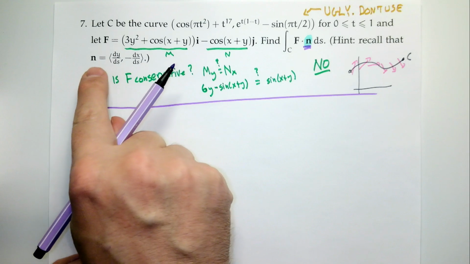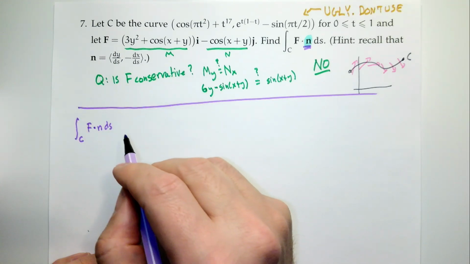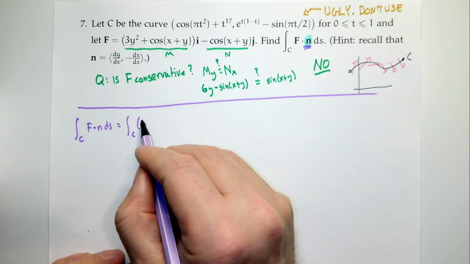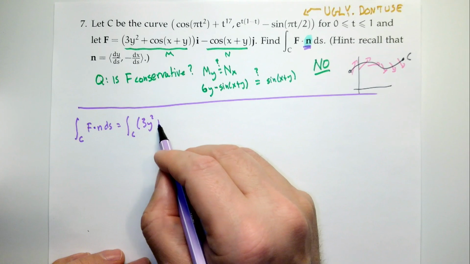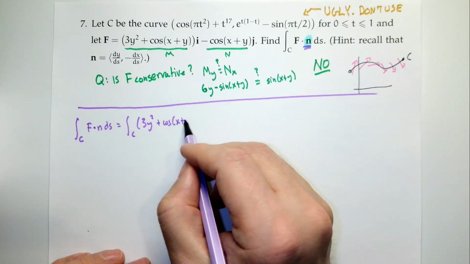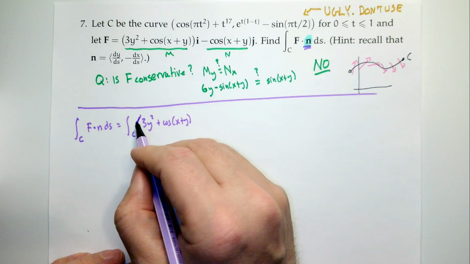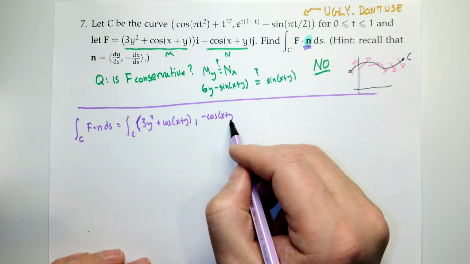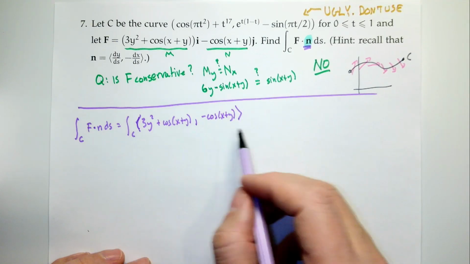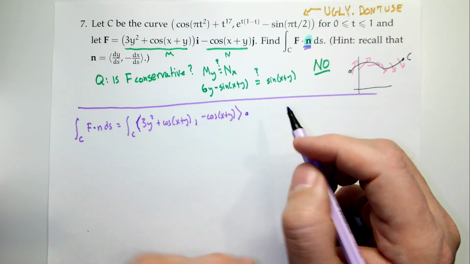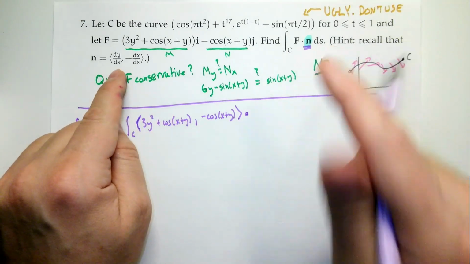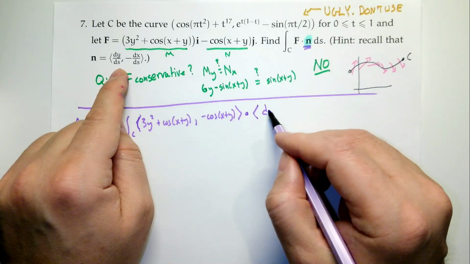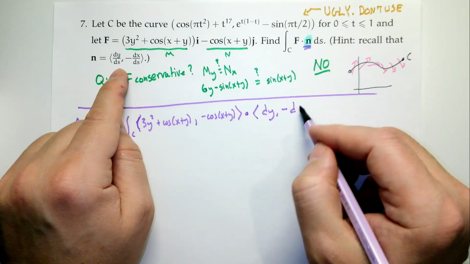So we have the integral along the curve of f dot n ds. Now we're told what n is, so that's going to make our lives a little bit easier. I'm going to think of this as the integral along the curve, and I'll write down the pieces: 3y squared plus cosine of x plus y, comma, minus cosine of x plus y. There's my f dot n. Now, if I think of n ds, I can think of the ds as canceling, so dy comma minus dx.